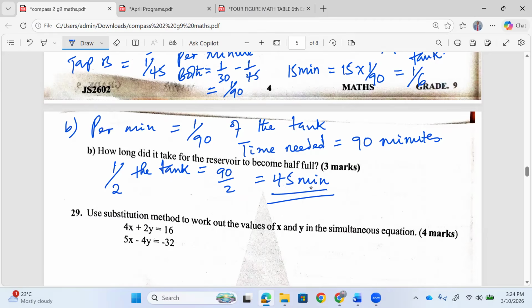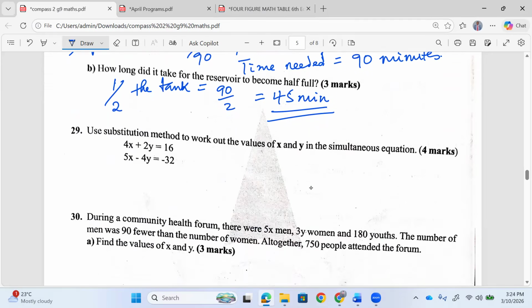Number 29, use substitution method to work out the values of x and y in the simultaneous equations 4x plus 2y equals 16, then 5x minus 4y equals negative 32. It's good for you to know that a substitution method is one of the easiest.